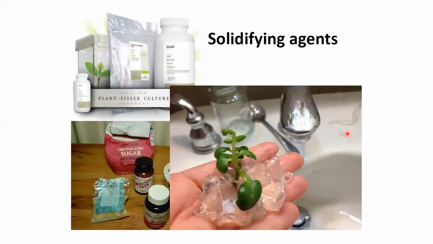It's a carbon source. And then the solidifying agent, if you want to work in a semi-solid medium, commonly referred to as agar medium, we use agar. Agar is a sugar, a carbohydrate, but the plant cannot hydrolyze it, so they cannot derive any energy from it.